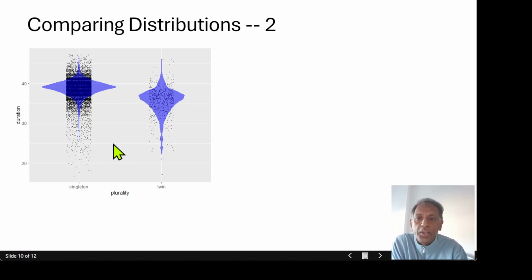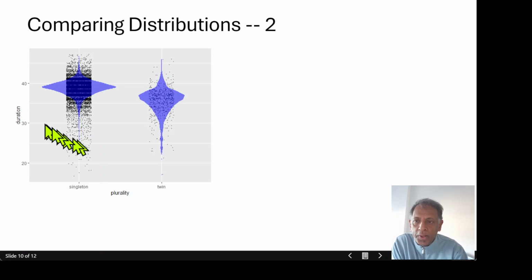And the other thing you're seeing here is that for twins, there are many, many more early births, premature births. You can see here that the distribution is showing some amount of thickness, whereas here this has become really thin.